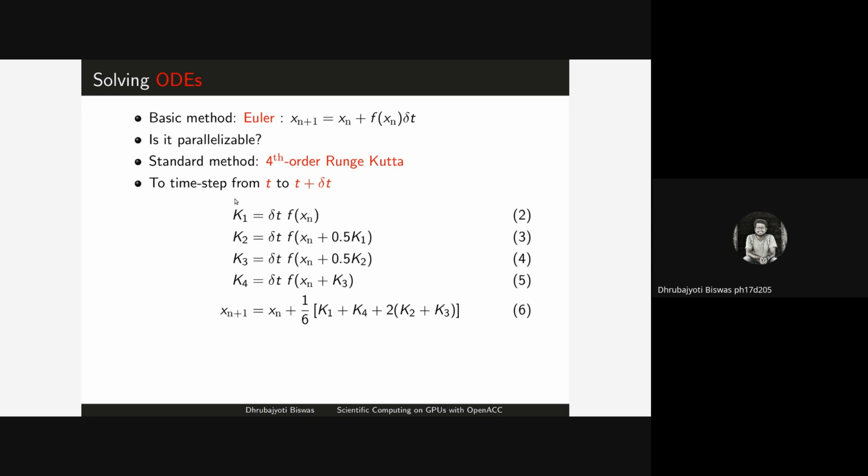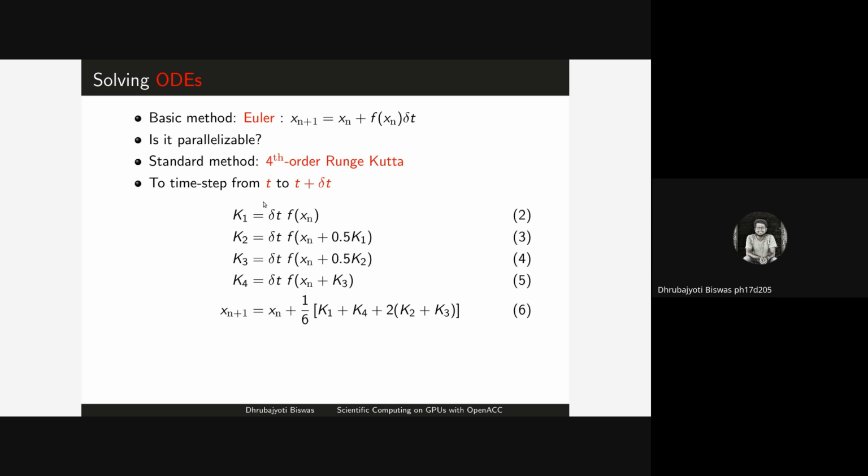You first calculate 4 coefficients k1, k2, k3, k4, and then you go from xn to xn plus 1 using this formula, where xn plus 1 is xn plus 1/6 times k1 plus k4 plus 2 times k2 plus k3, where all these k1, k2, k3, k4 are evaluated using this formula.